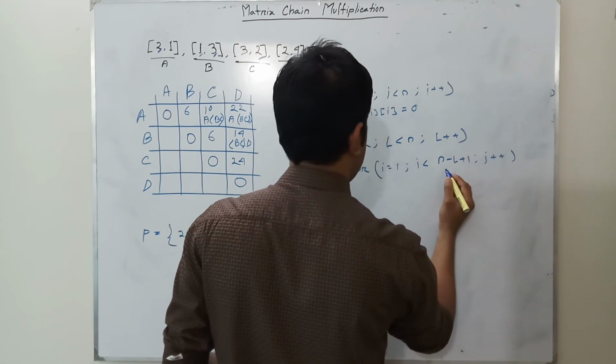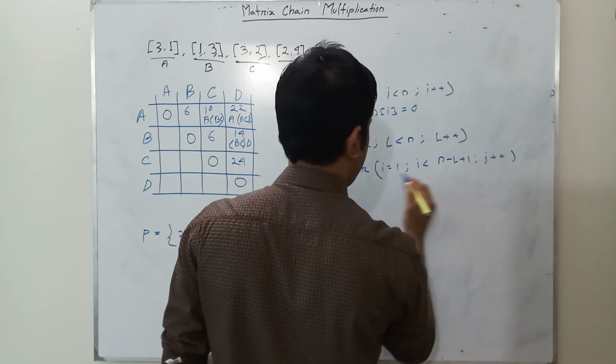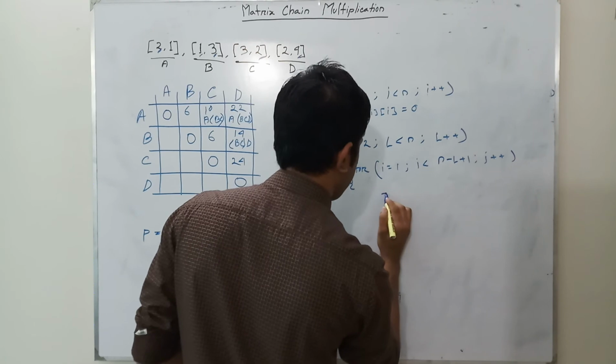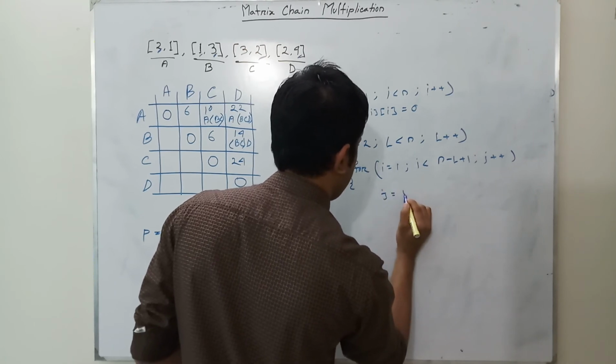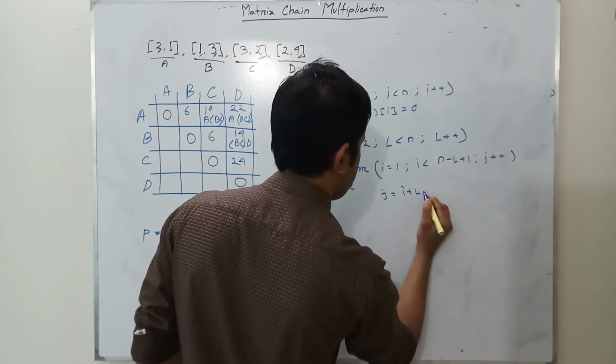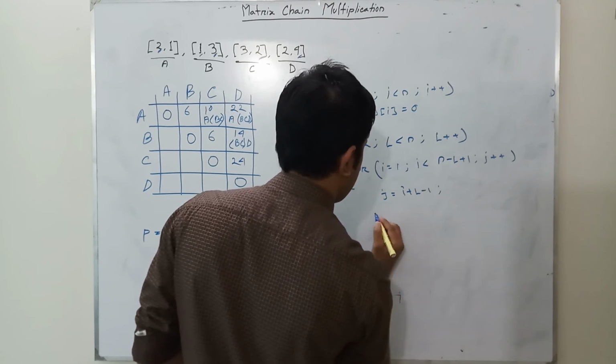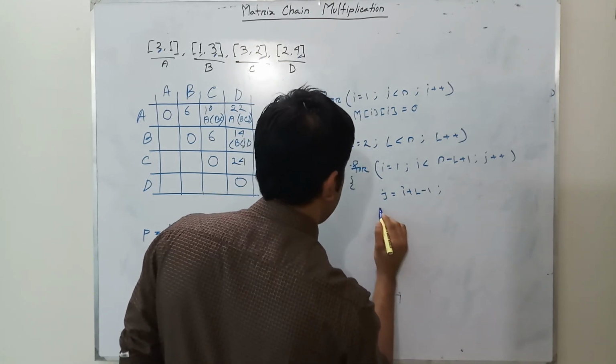This is the number of chains we need to find out, and this is for J, I plus L minus 1, and this is the memory table.